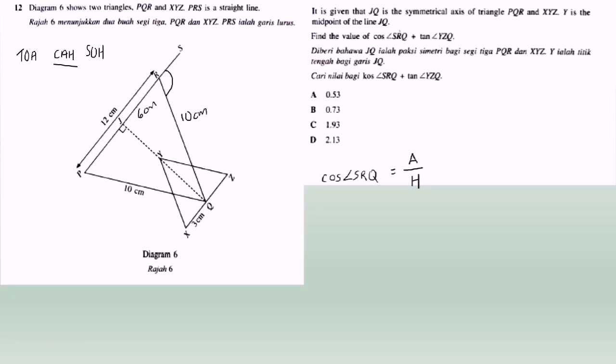When the angle is outside, you must refer to this. So here is 90 degree, 180 degree, 270 degree, and 360 degree. Angle in this quadrant is positive.